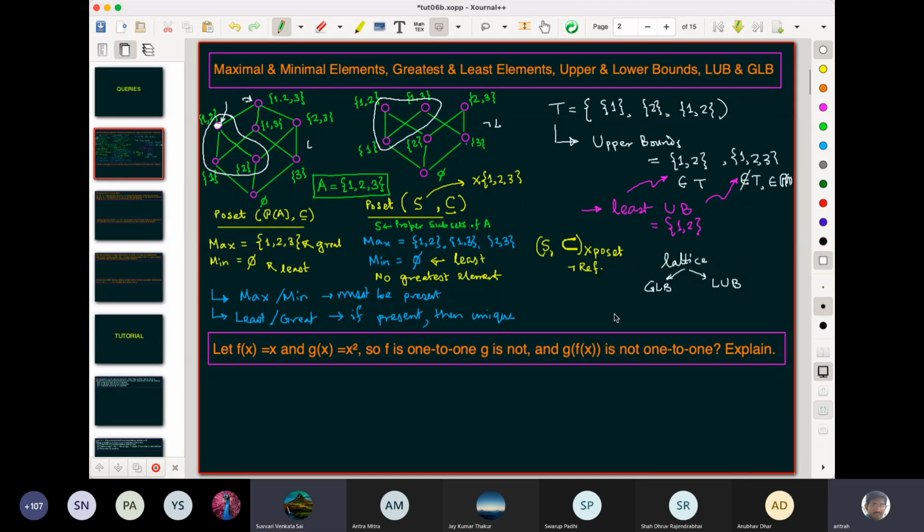Yes, sir. Can you again clarify the lattice definition? The lattice definition is that if you choose any subset of elements, it must have a greatest lower bound and a least upper bound. And how do we differentiate it from a complete lattice?